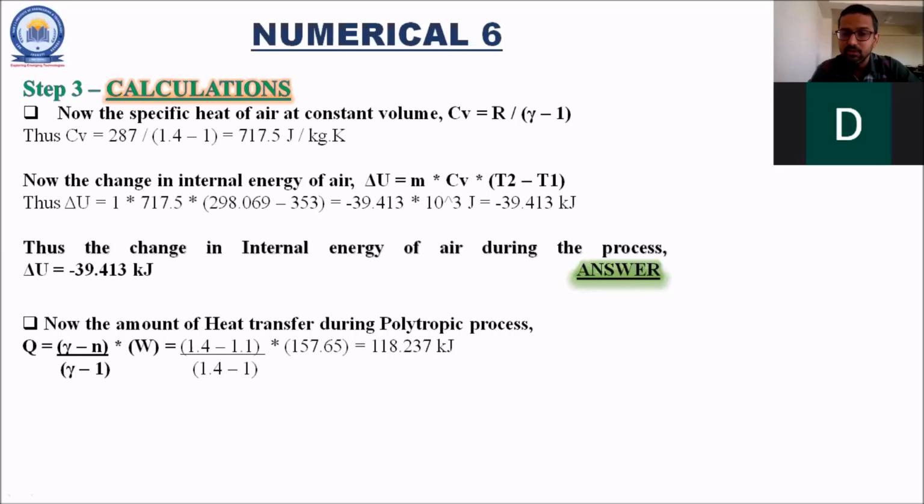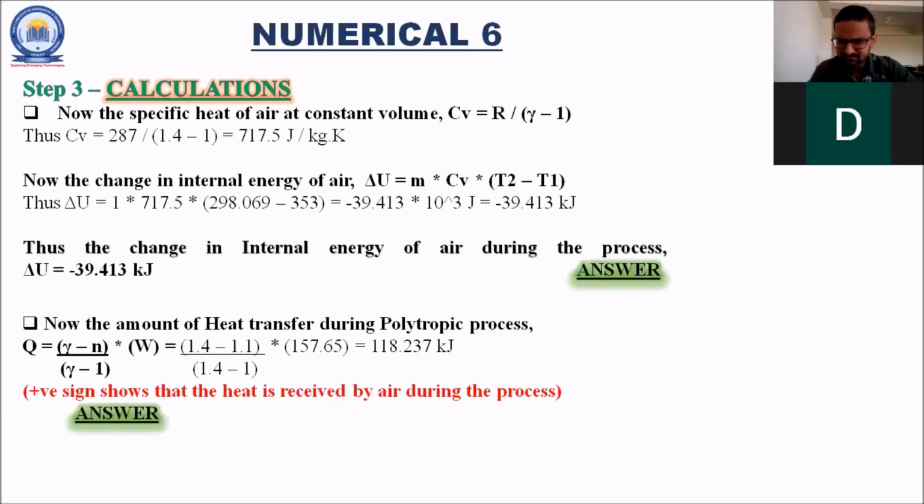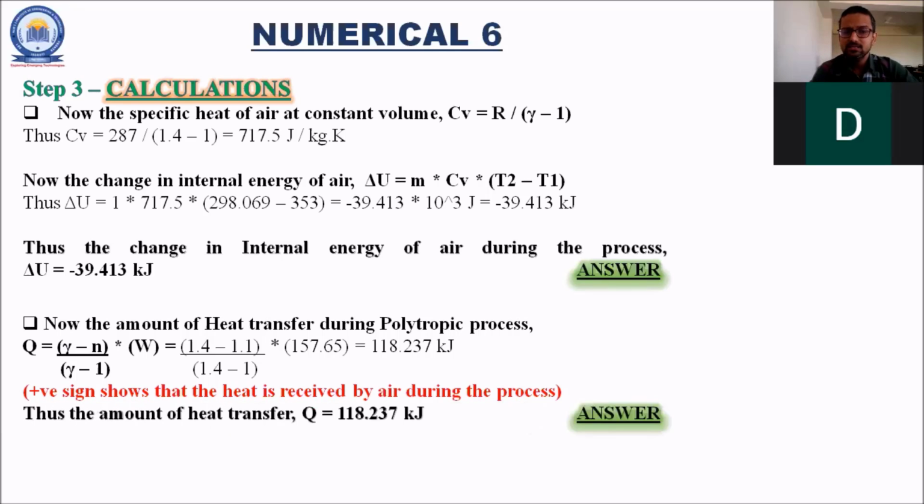So Q is equal to 118.237 kilojoule. Since we are getting a positive value of Q, we mention the comment: the positive sign shows that the heat is received by the air during the process. Thus, the final answer, the amount of heat transfer Q, is equal to 118.237 kilojoule.